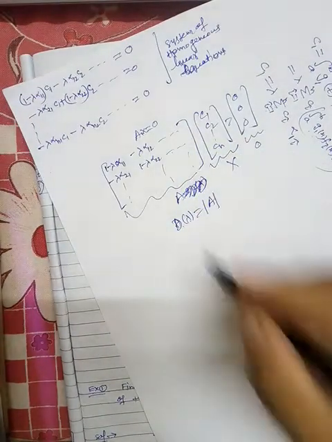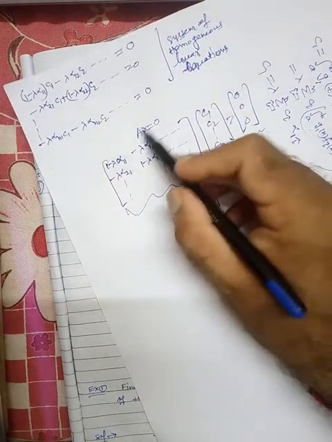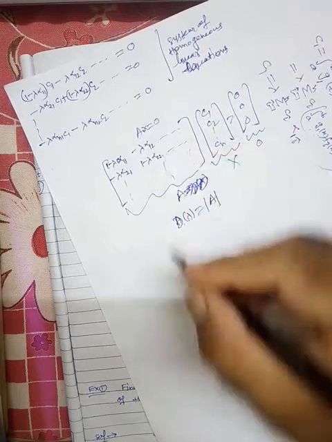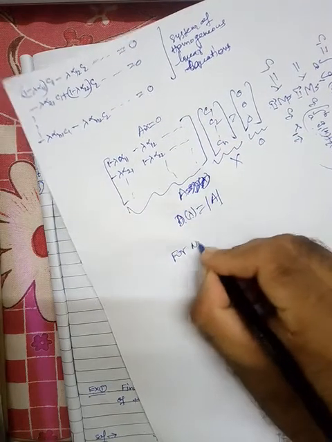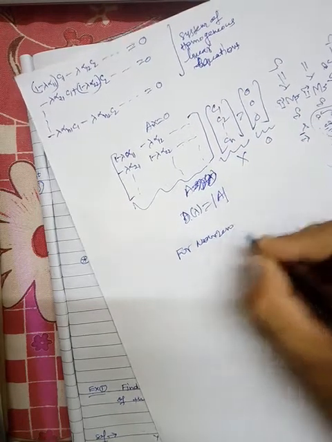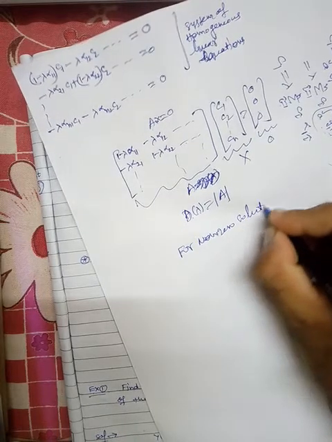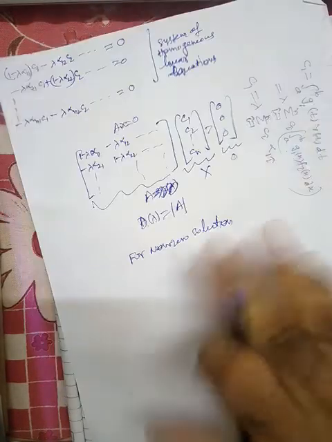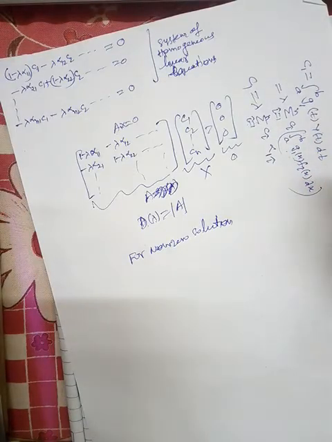And now we know that this is Ax equal to 0. So for a non-zero solution, because 0 is always a solution of this type of equation, and what is our interest? To find the eigenvalues and eigenfunctions. An eigenvalue means a non-zero solution.